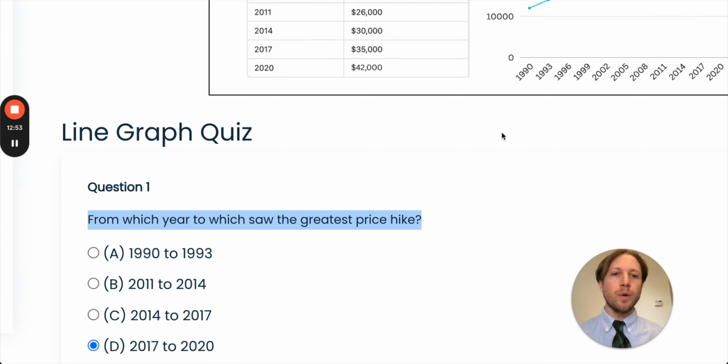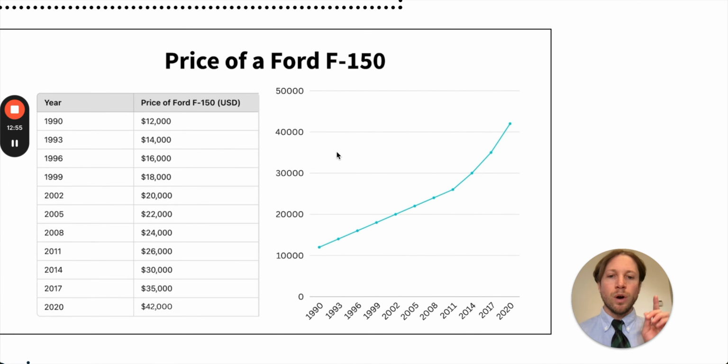We've already looked at this, but what we can tell is that there were no decreases in price of Ford F-150s, so it has been a continuous uptick. We also know that from 1990 to 2011, it was a continuous same rate price increase, and then from 2011 to 2020 had an incrementally larger increase in price.